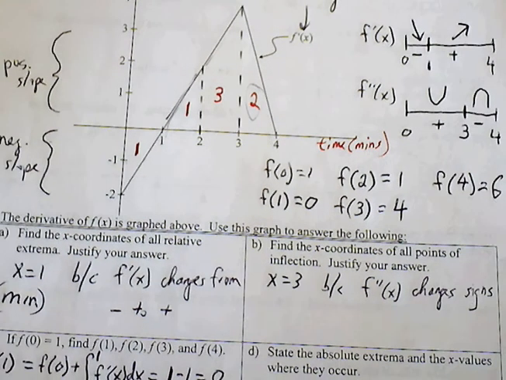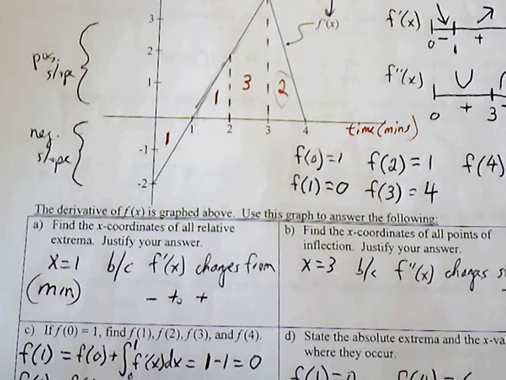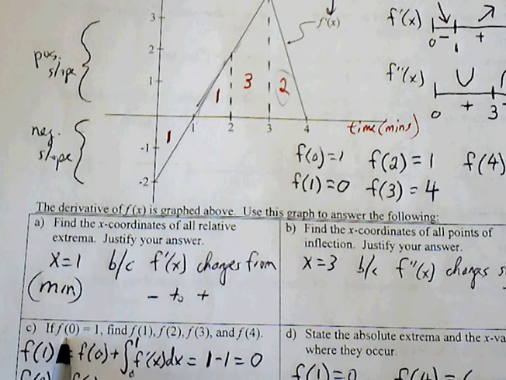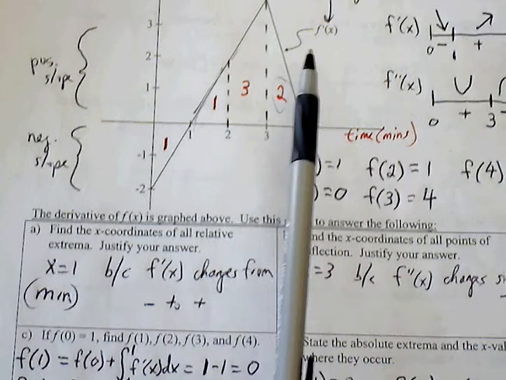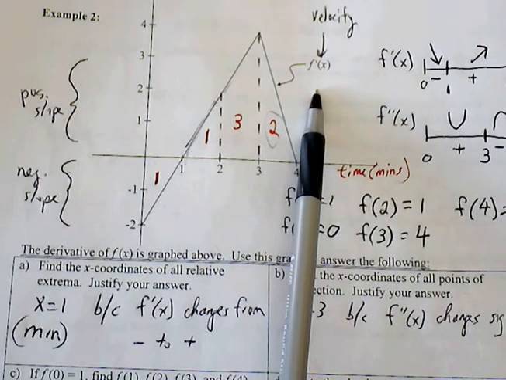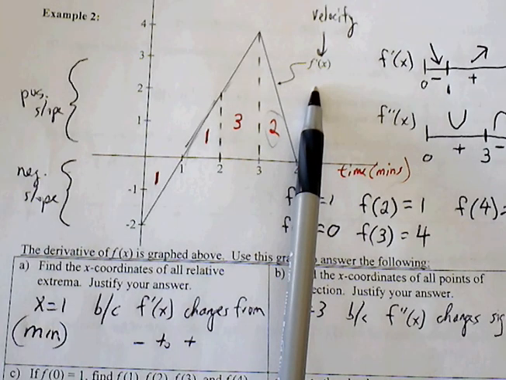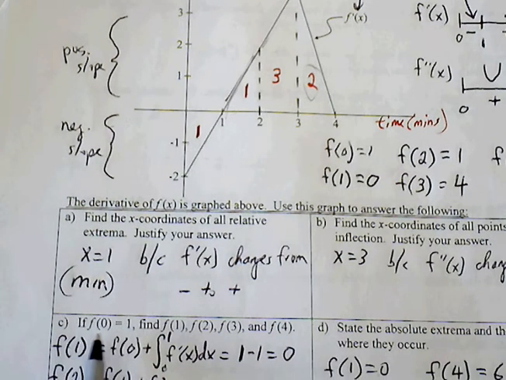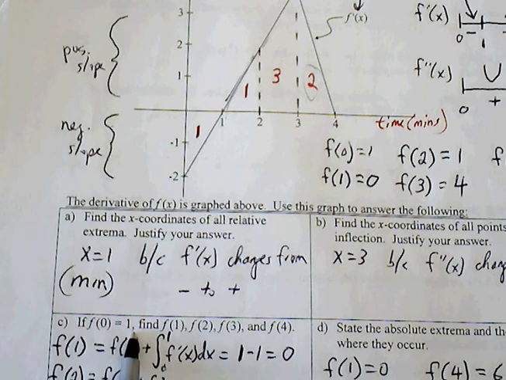Now, going back to the analogy of mile markers, if f prime represents velocity, then we know f of x represents the position. Now think of it this way. Let's say the object starts at mile marker 1.